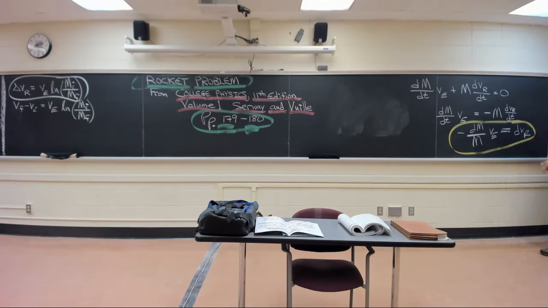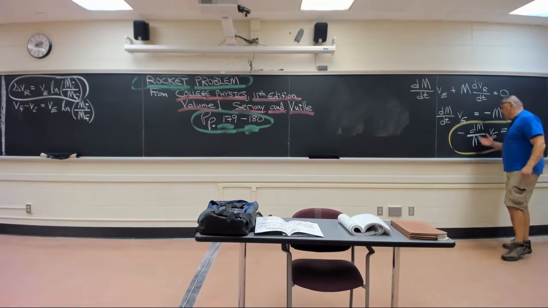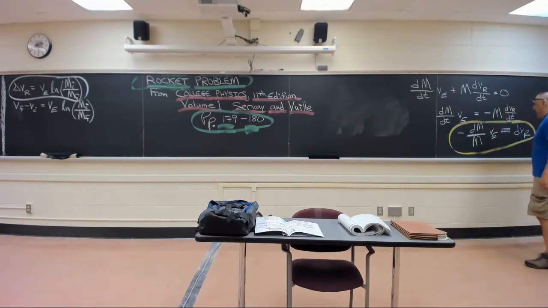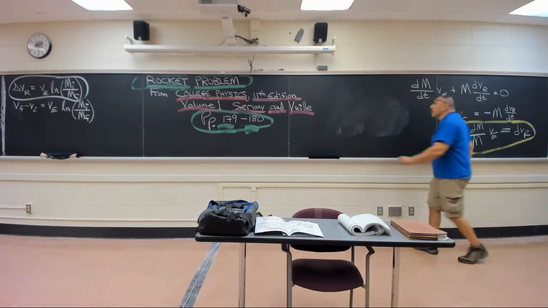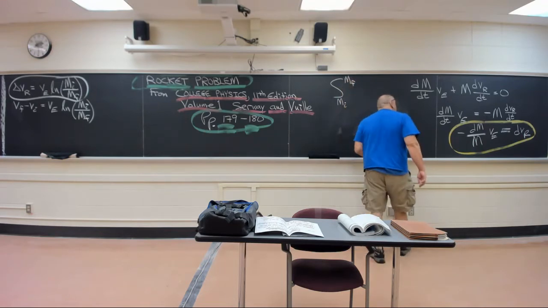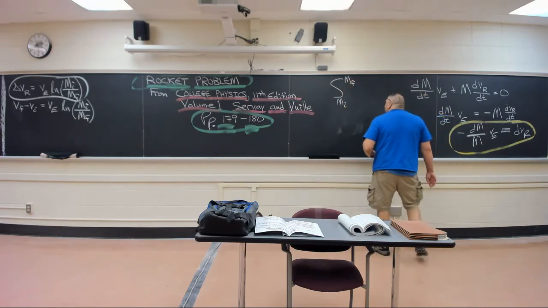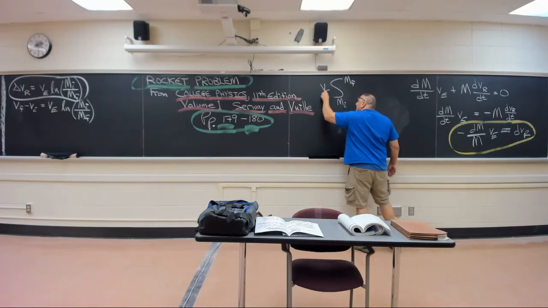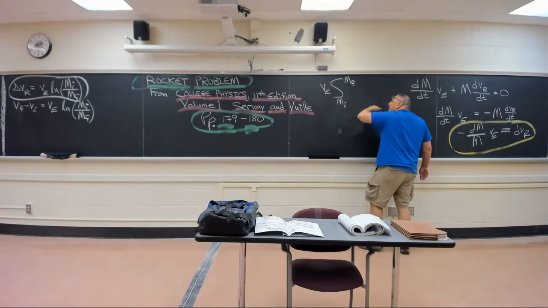If two things are equal, their integrals are going to be equal. Let me integrate this from the appropriate initial mass to the final mass. Well, this is a big number, and that's a small number. VE is a constant, so take it out of there.